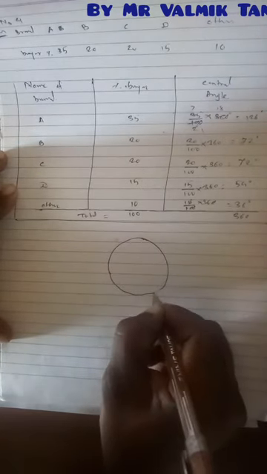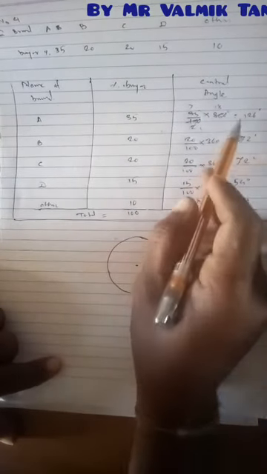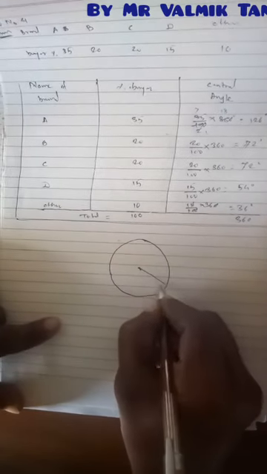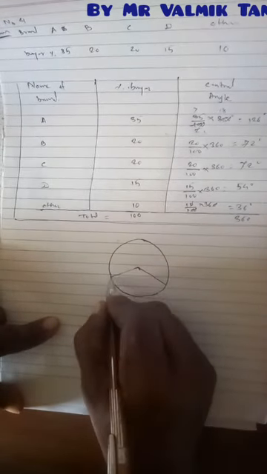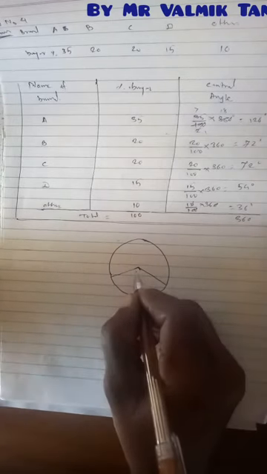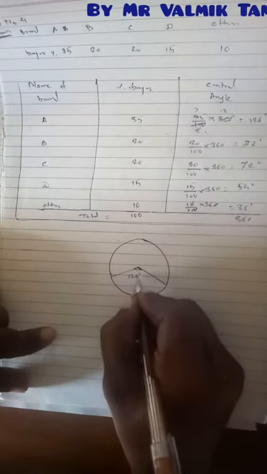Then from the center we have to draw these angles. First, 126 degrees. You have to measure this angle with the help of a protractor or compass, which must be accurate at 126 degrees.